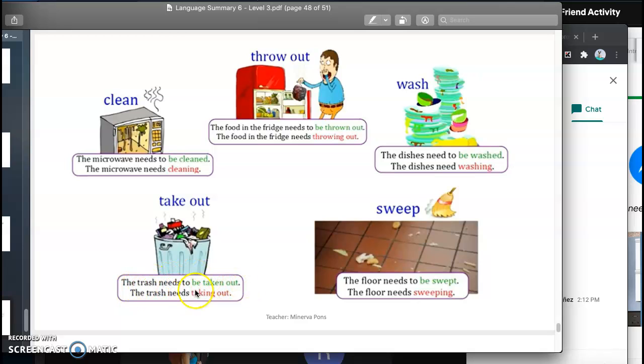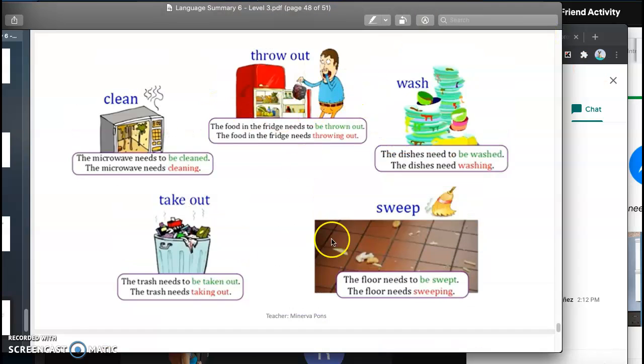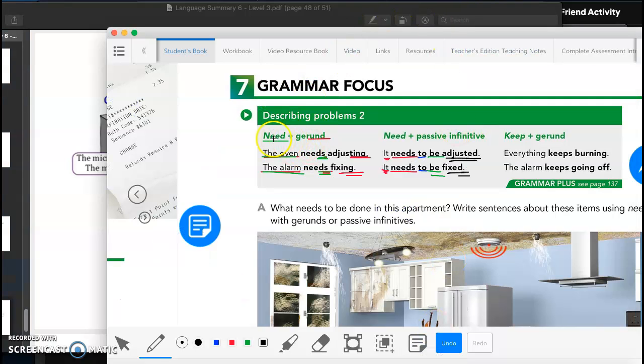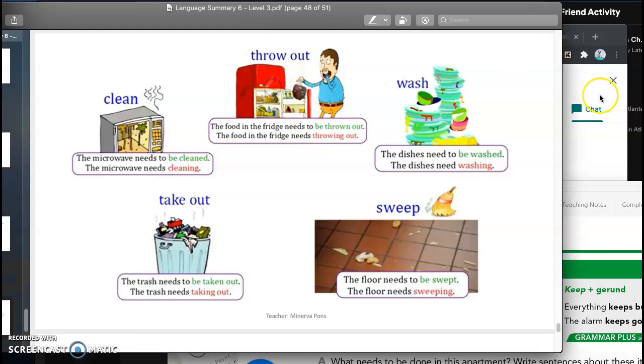The trash needs taking out. The floor needs to be swept. The floor needs sweeping. The dishes need to be washed. The dishes need washing, because in here we can see the different forms to use either need plus gerund or need plus the passive infinitive.